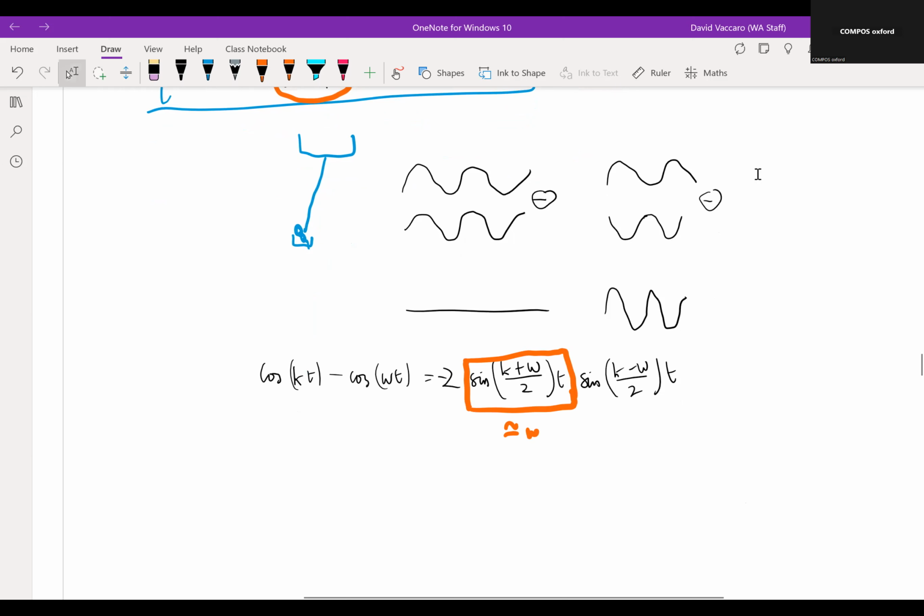If I push the swing at something close to the natural frequency with which the swing oscillates, my daughter will go on the swing at that natural frequency.